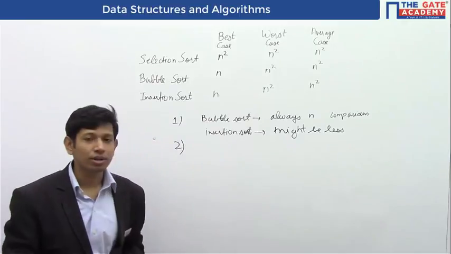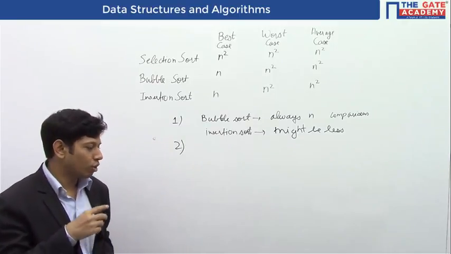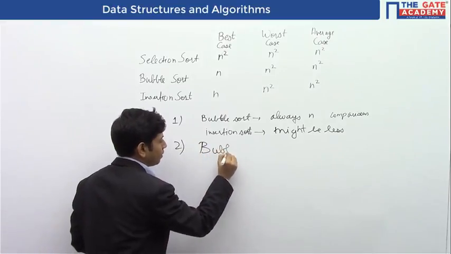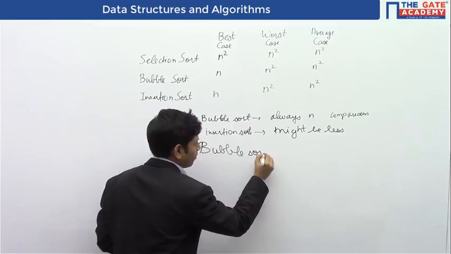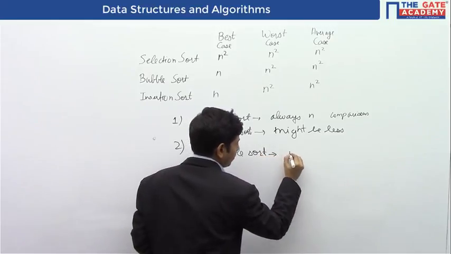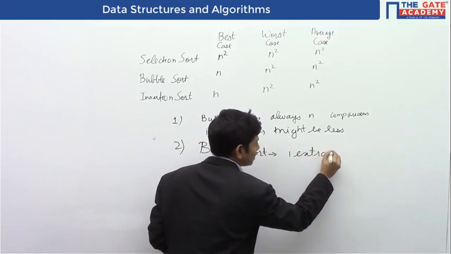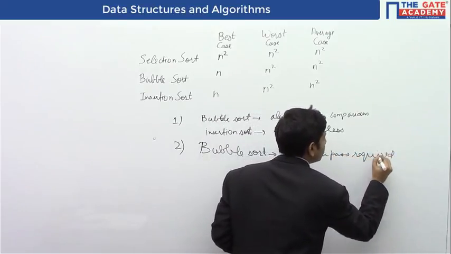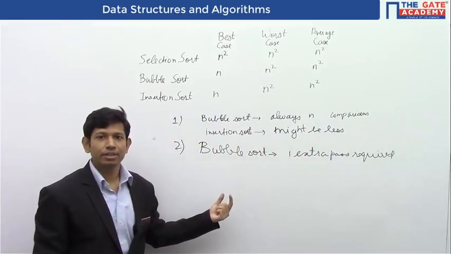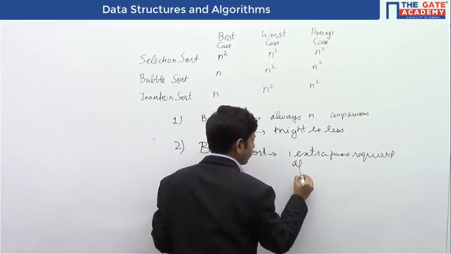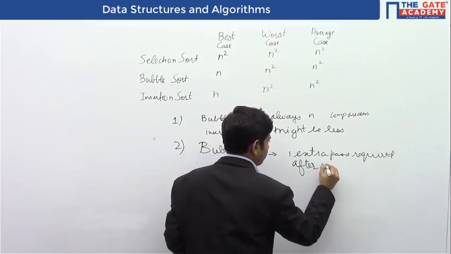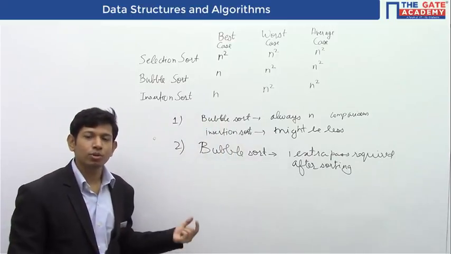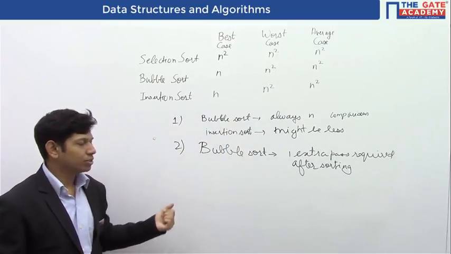But in case of bubble sort, we need one more pass in order to obtain the sorted array. So the second reason is one extra pass is required after sorting. So this is the reason why bubble sort is not as efficient as insertion sort.